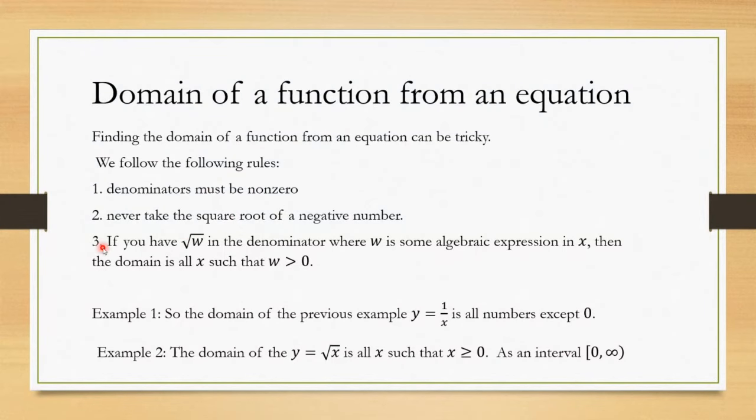So I probably didn't have to list 3 as a separate rule, but I did. The denominator, you never want that to be 0. You never want denominators to be 0, because you can't divide by 0.